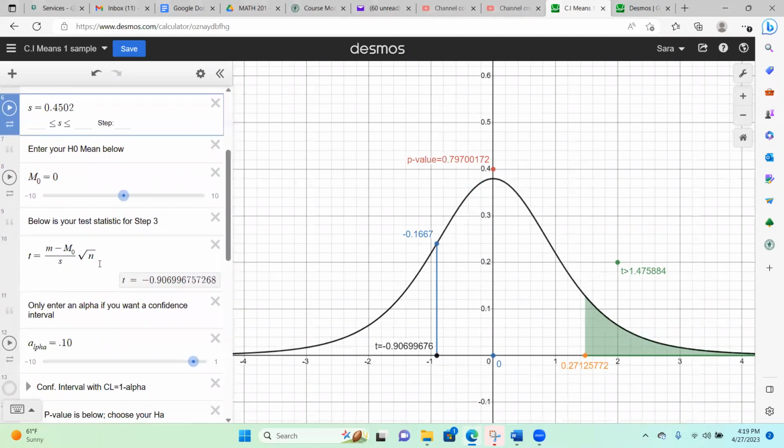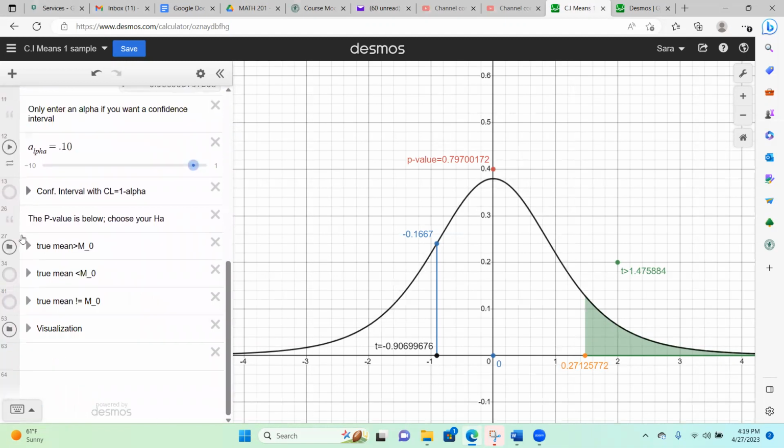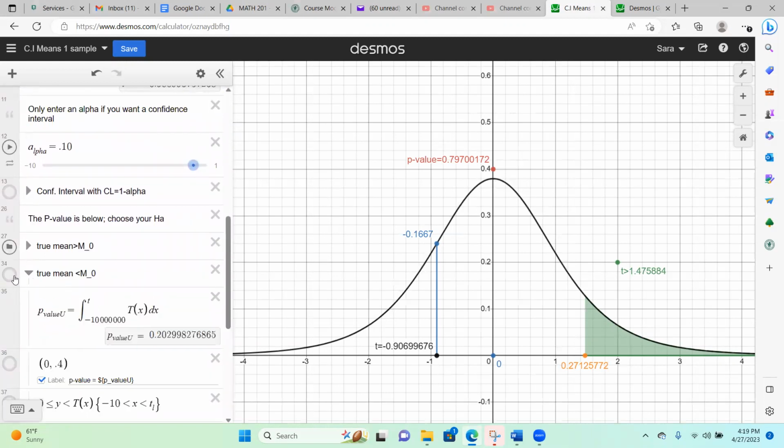Our test statistic is a negative 0.907. And we are going to go down, and we're not doing a greater than this time. We are doing a less than test, and I'm going to click on the picture.